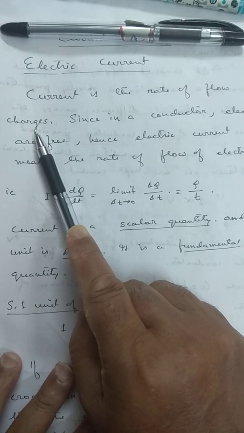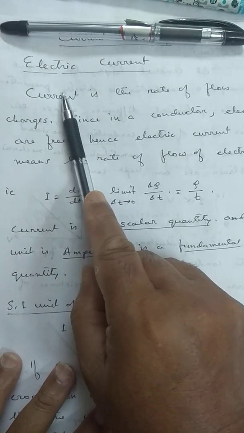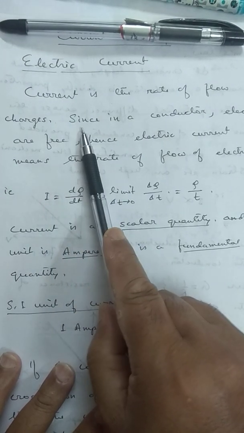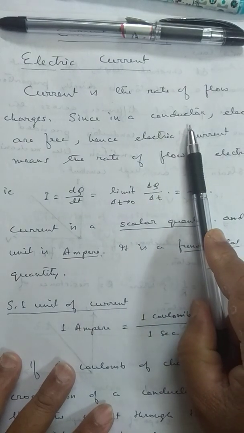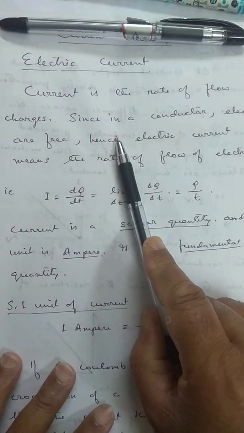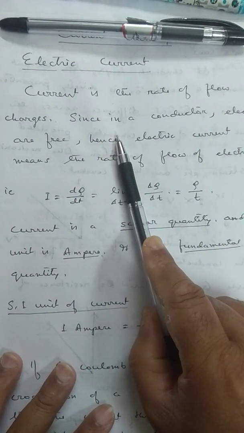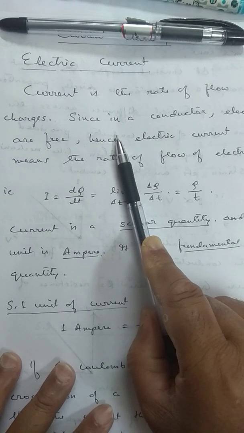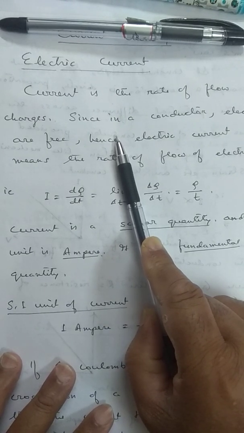So we must know due to flow of which charges we get the current. It is said that in a conductor, electrons are free. So electric current means rate of flow of free electrons.